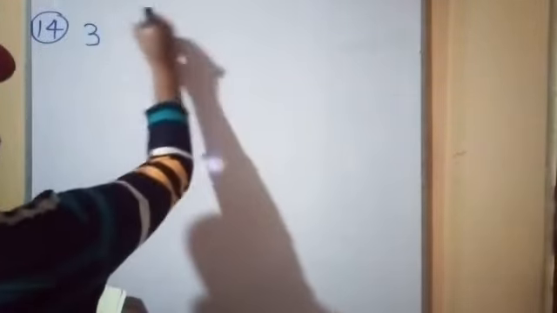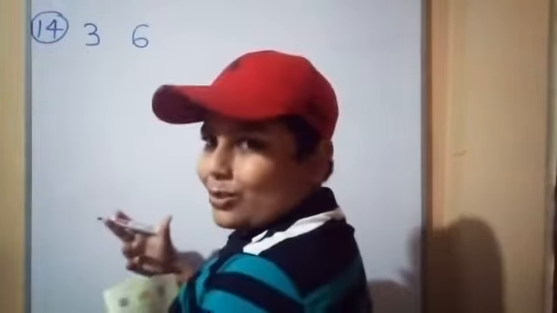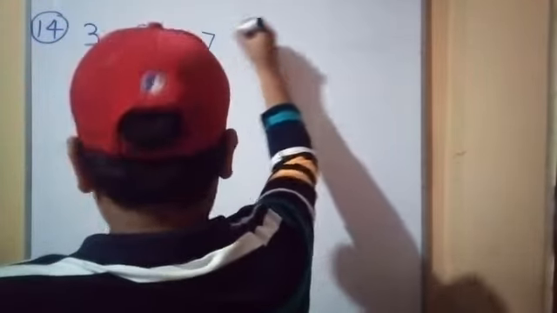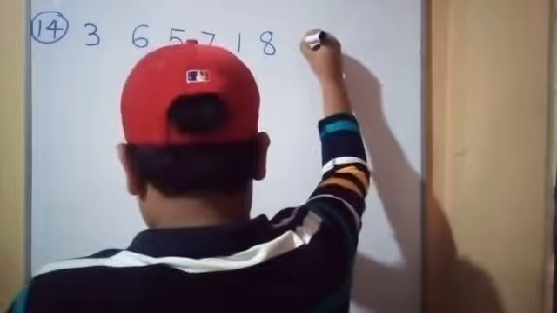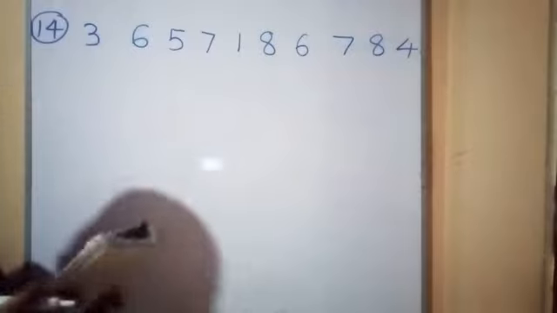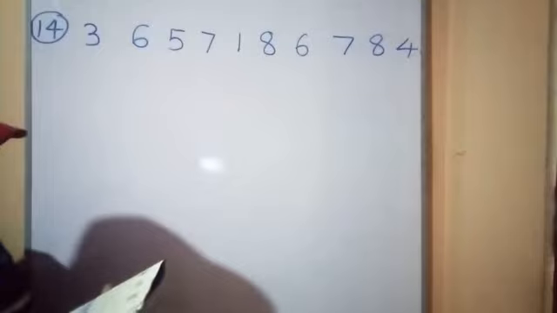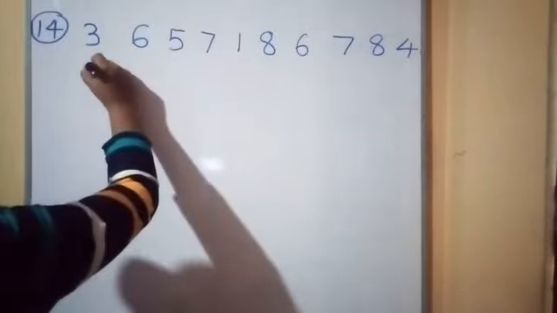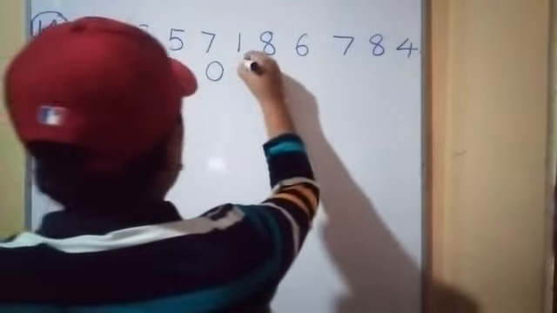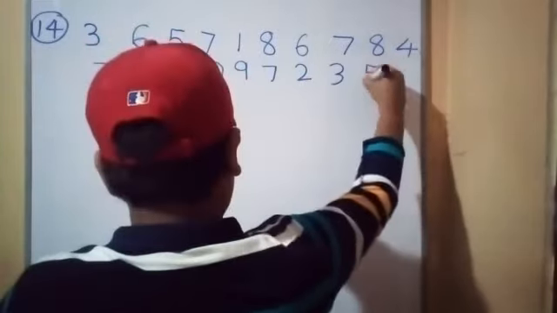Now they have 3, 6. These are the marks that the 30 students got. 5, 7, 1, 8, 6, 7, 8, 4. Yes. 3, 6, 5, 7, 1, 8, 6, 7, 8, 4. The second is 7, 8, 3, 0, 9, 7, 2, 3, 5, 6.